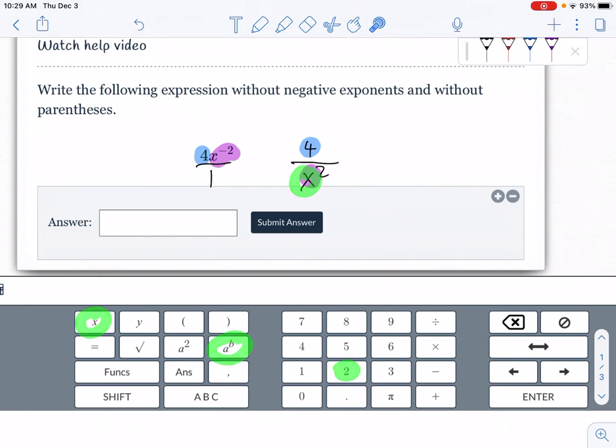So I'm going to hit a to the b and then 2. So it would be 4 over x squared. So this would be the first button I hit, second button I hit, third button I hit, fourth button I hit, fifth button I hit.